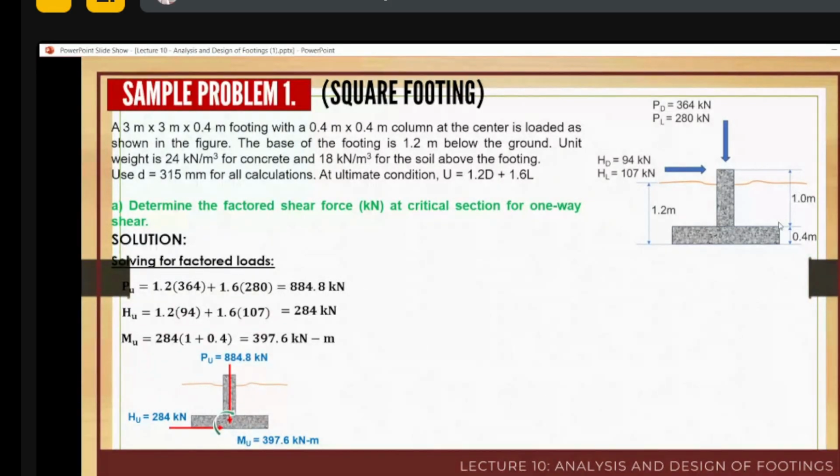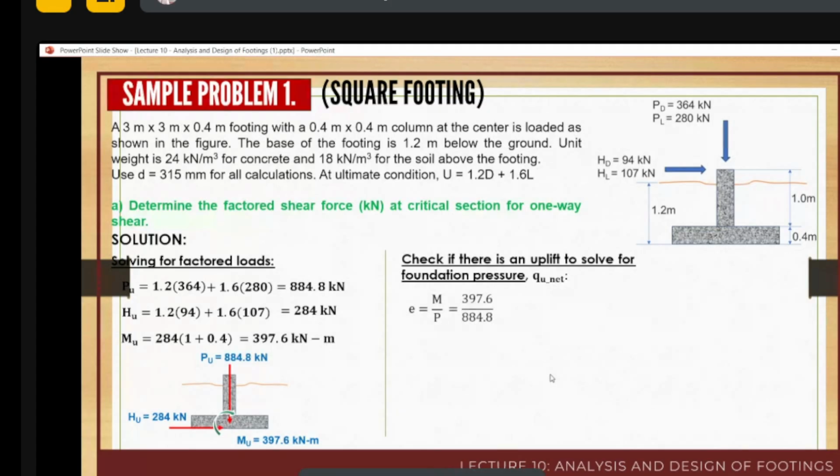If you sum up moments at the bottom, the moment arm should be 1.0 plus 0.4. So this horizontal loading force applied to our column would induce a moment of 284 times 1.4, or 397.6.